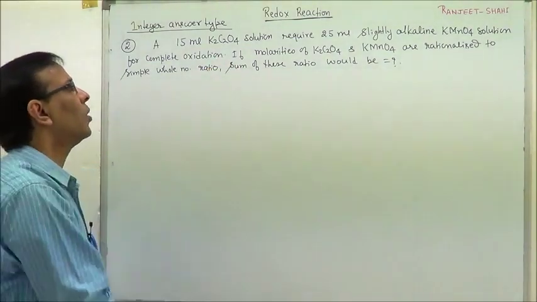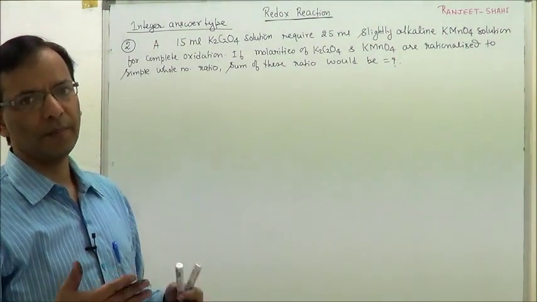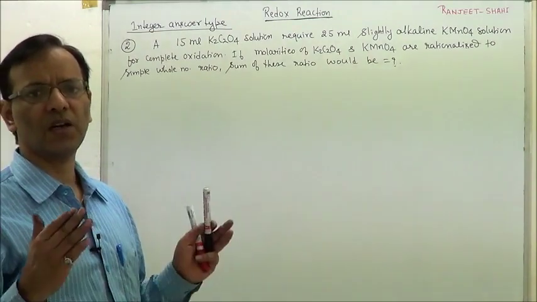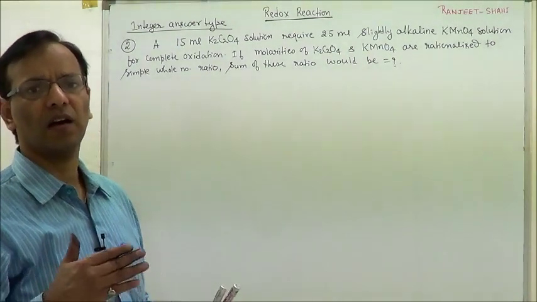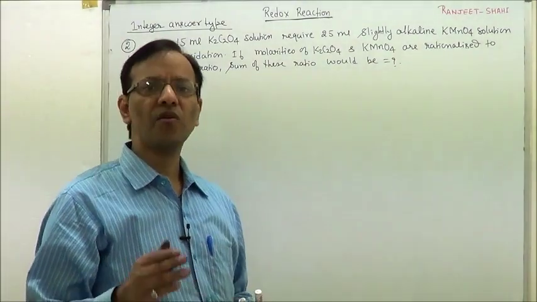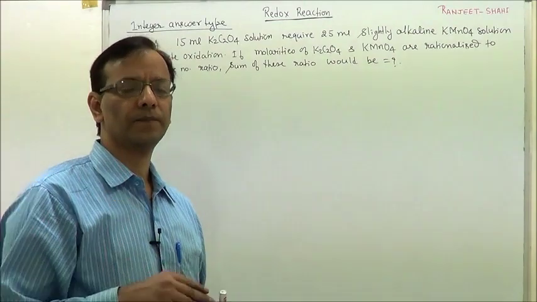15 ml potassium oxalate requires 25 ml of potassium permanganate. And in this question, potassium permanganate is being used in slightly alkaline medium. Therefore, the N factor of potassium permanganate is going to be 3.